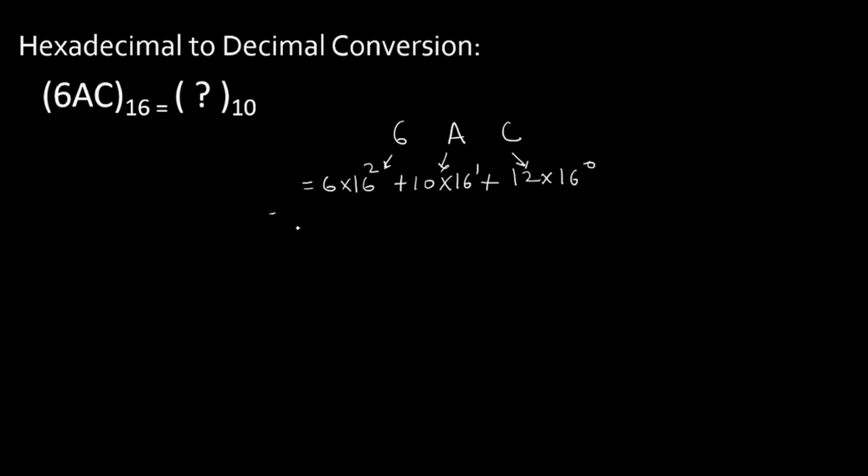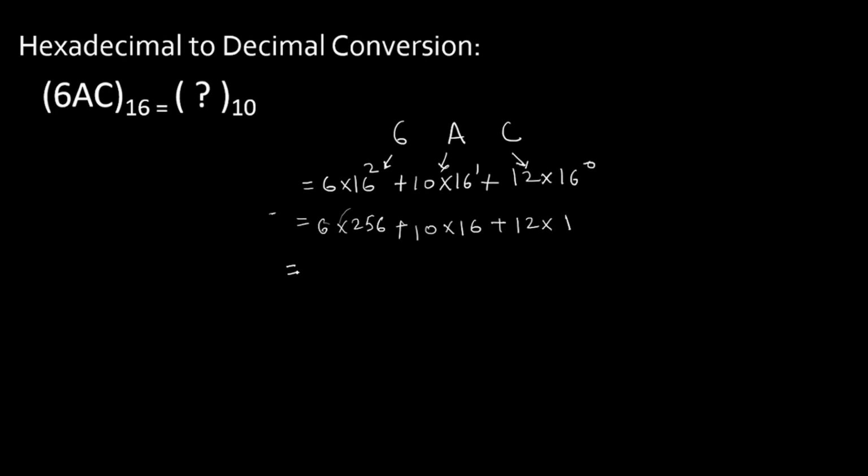Okay, now 16 raised to power 2 is equal to 256. So 6 will be multiplied by 256, plus 16 raised to power 1 is equal to 16, so this 10 will be multiplied by 16, plus 12 will be multiplied by 16 raised to power 0, which is equal to 1.